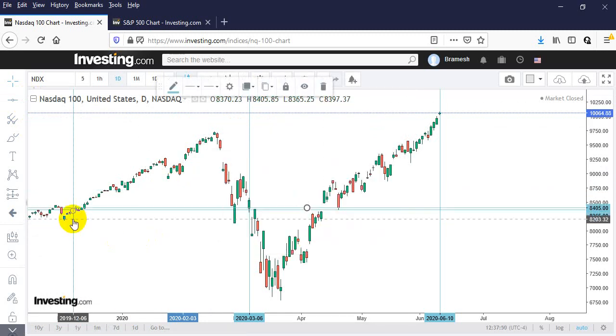Now see, it broke the high, it broke the low here. If I'm shorting below this low of 8365, I keep a stop loss of 8405. So here the stop loss got triggered, and from there the buy happened.